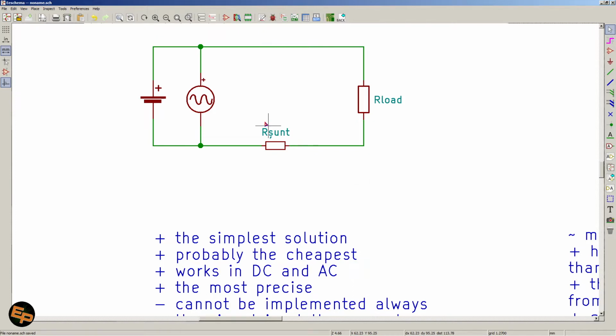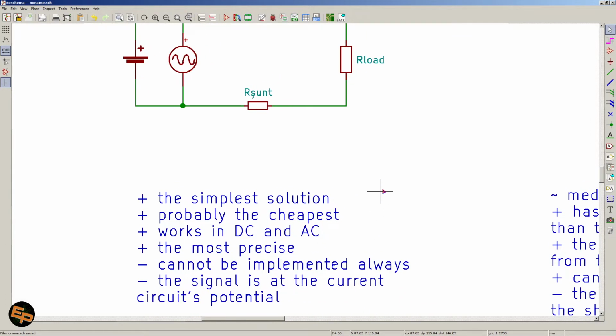Another reason is that this method is very invasive. You literally need to break apart a circuit, a cable, or something like that, in order to insert the shunt resistor there, and that just might be completely unrealistic.